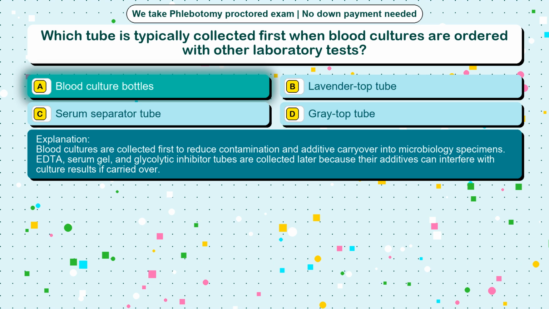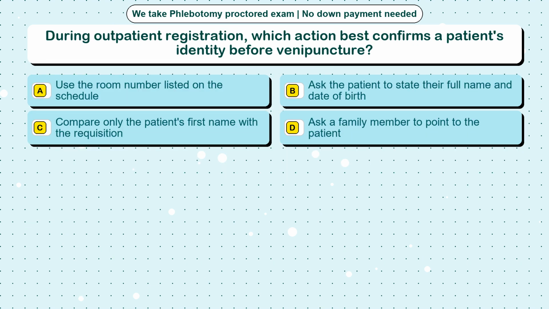Question 76. During outpatient registration, which action best confirms a patient's identity before venipuncture? Option A, use the room number listed on the schedule. Option B, ask the patient to state their full name and date of birth. Option C, compare only the patient's first name with the requisition. Option D, ask a family member to point to the patient.